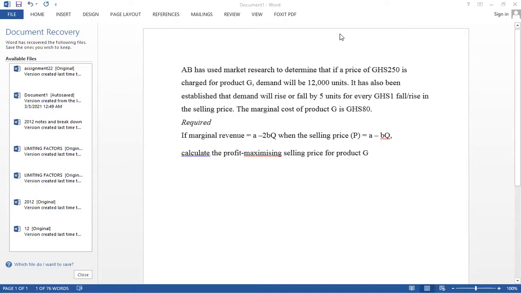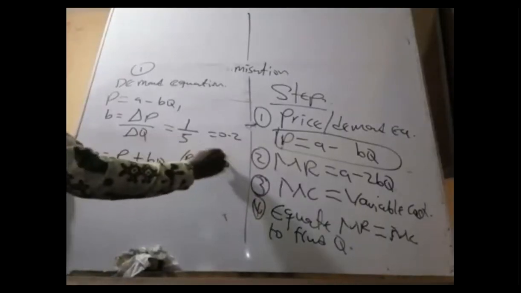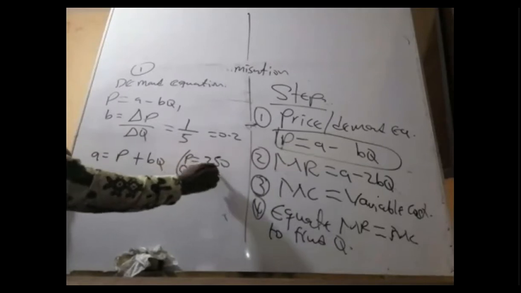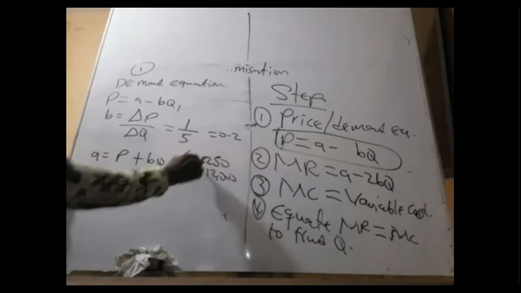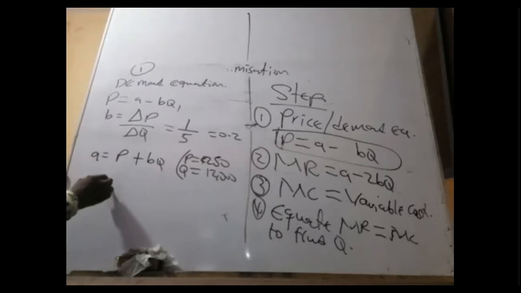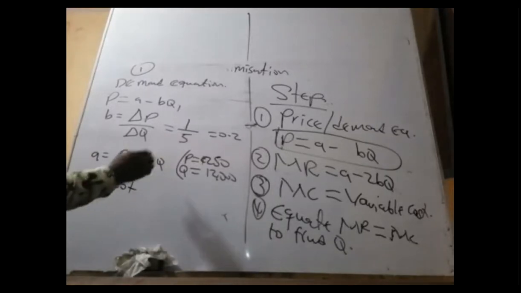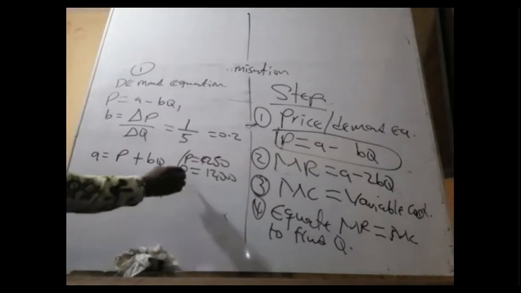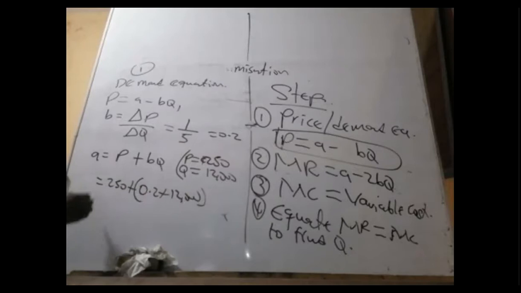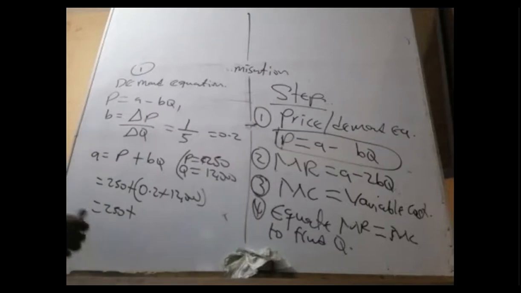So the price is 250 plus B, 0.2, times demand of 12,000. That will give us 250 plus 2,400. Okay. How do we get 2,400, right?